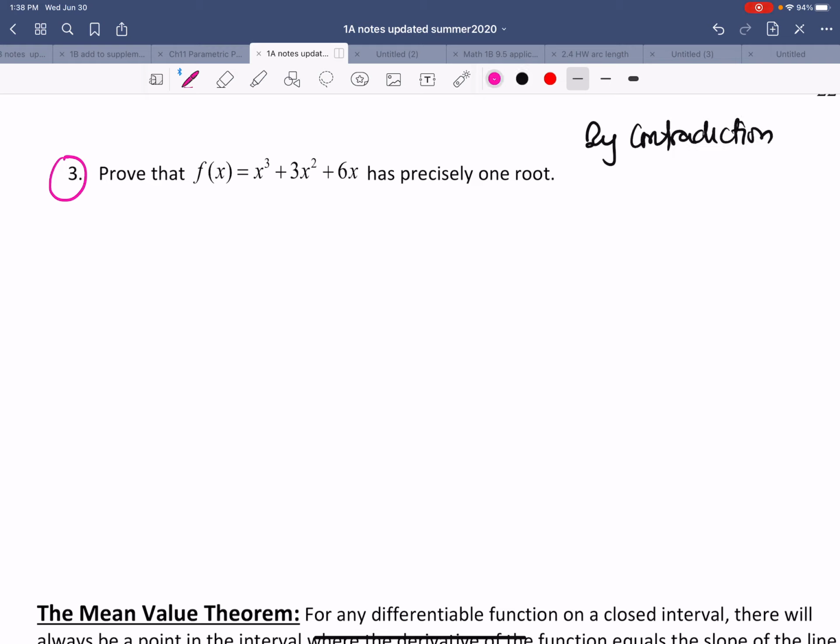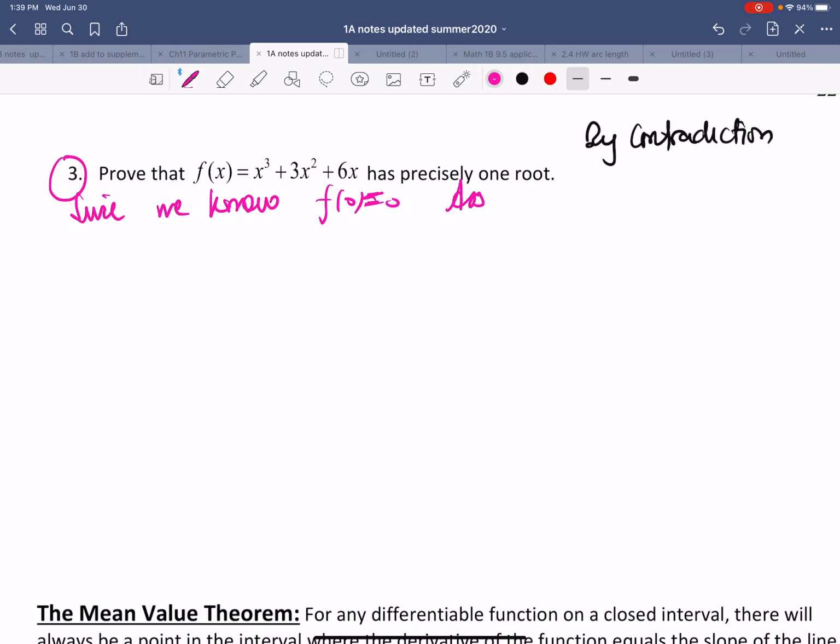Using contradiction. Since we know that f of 0 is equal to 0, this function takes on the y value 0 at some point, because if I plug a 0 for x, then the y value is 0.